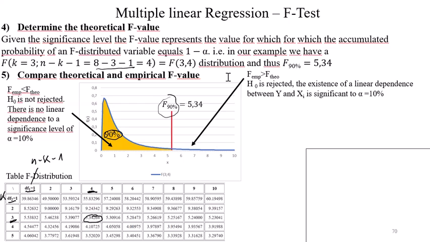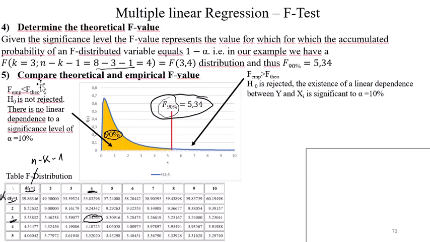And now comparing this 5.34 with our number coming out of the data, we can decide if we can reject if we find this value in this area, or on the left, then we do not reject our values.